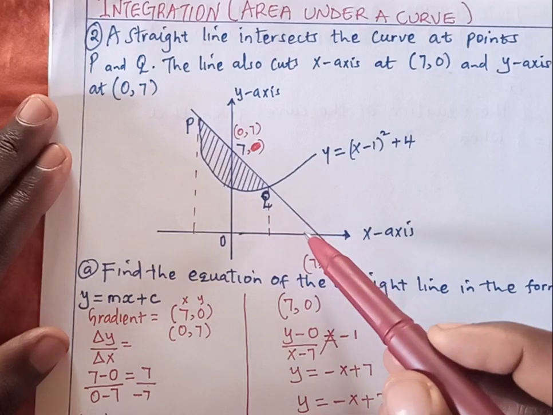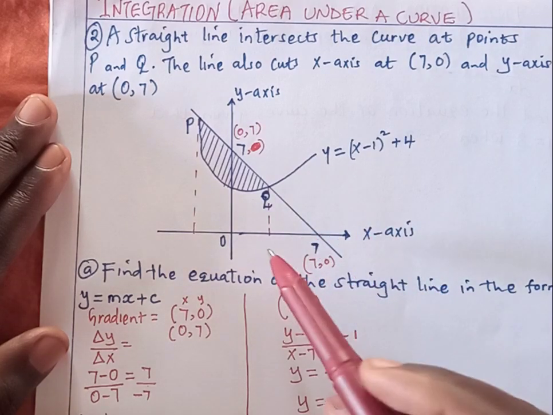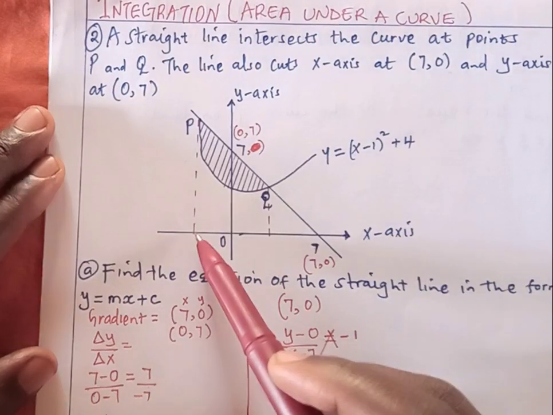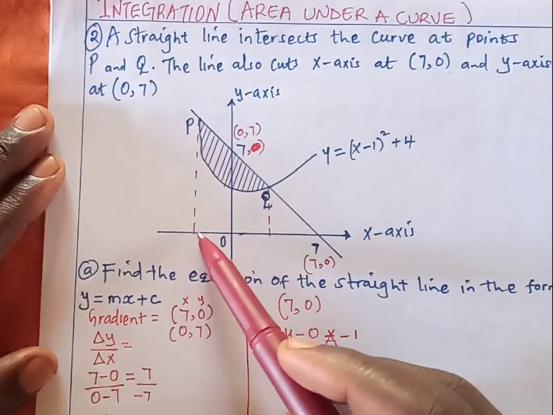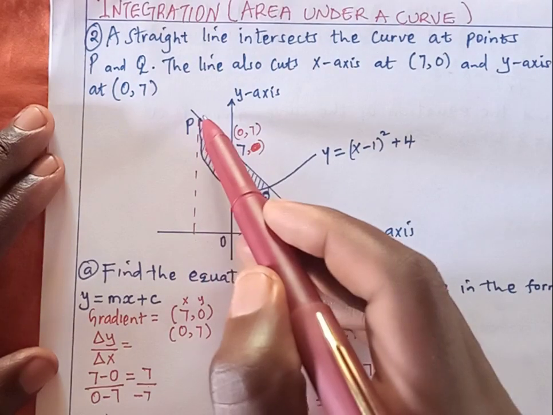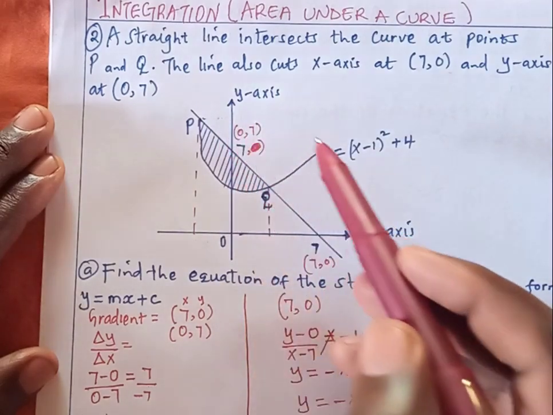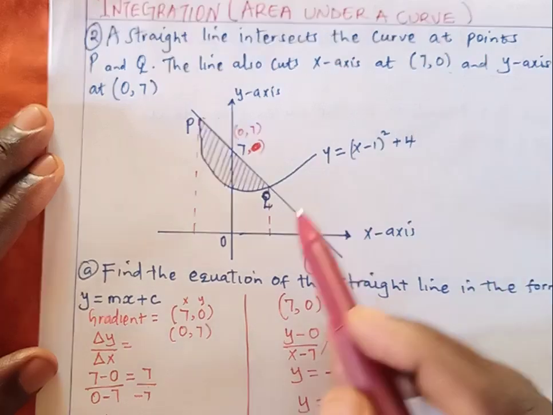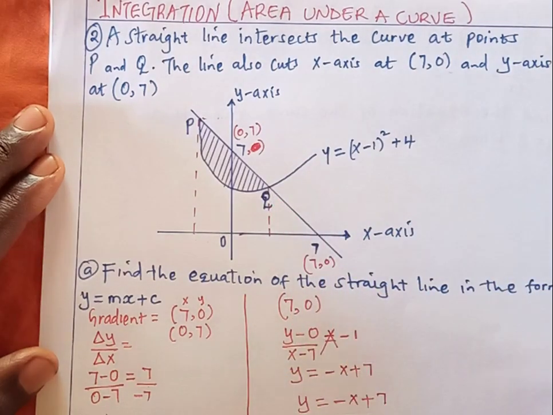Under this part, these are positive numbers we have. Now moving to the left hand side, this is where we have negative numbers. So the value for x under this left hand side must be negative. Then the y value is positive, and all the values under the right hand side for q are going to be positive.